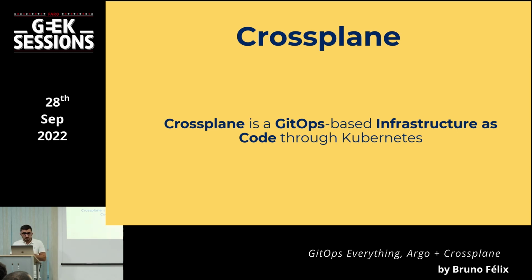Crossplane uses a concept of providers. These providers will install some CRDs in our Kubernetes. CRDs are known as custom resource definitions in Kubernetes. These CRDs are required to create resources on the provider. So, recap: Crossplane works with providers. Providers are cloud APIs, Azure API, Google API, or any other API, not only cloud.